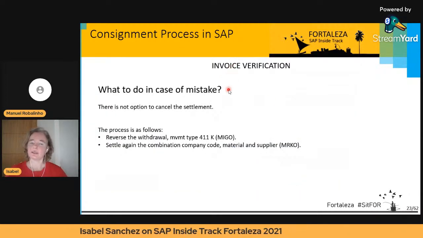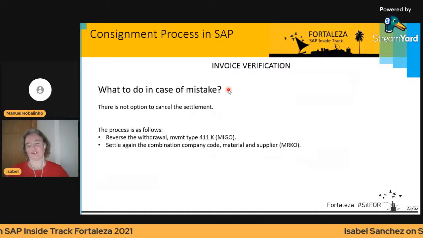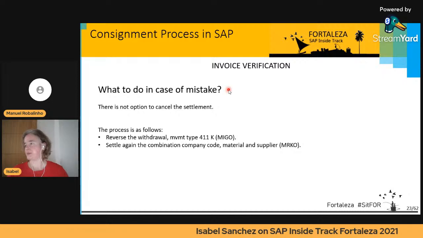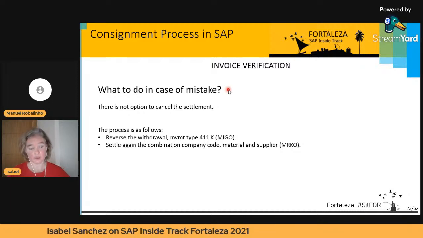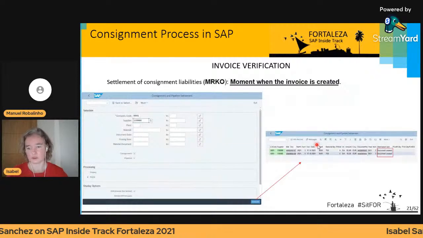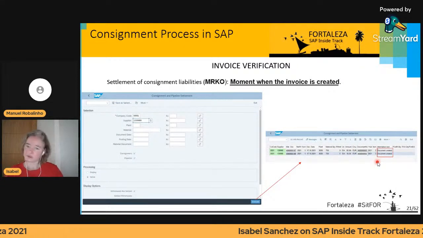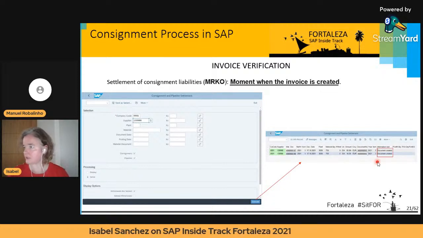And here is my own contribution to this presentation: what to do in case of a mistake, because I found that there is no option. I will go back to this screen. There is no option to return all the documents created or to cancel documents created.